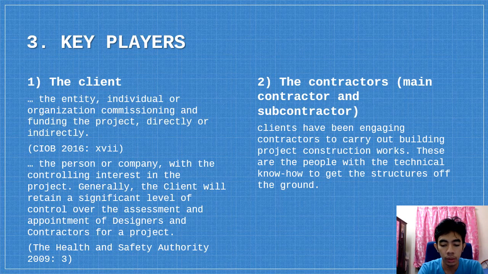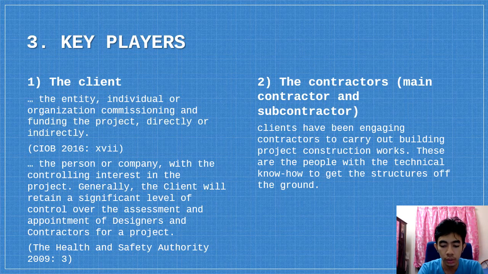The CIOB Code of Practice for Program Management in the built environment defines a client as the entity, individual, or organization commissioning and funding the project directly or indirectly. The Health and Safety Authority further defines a client as the person or company with the controlling interest in the project.